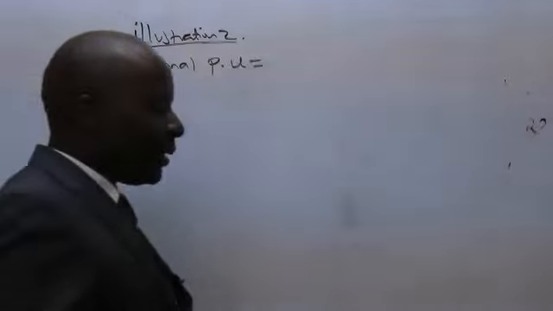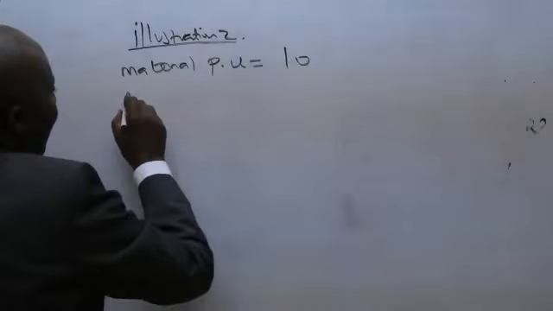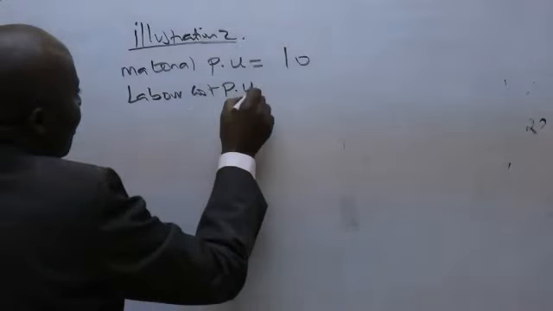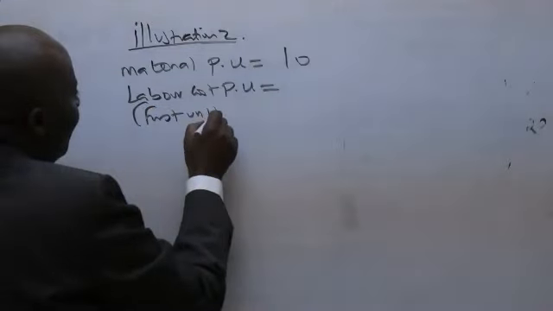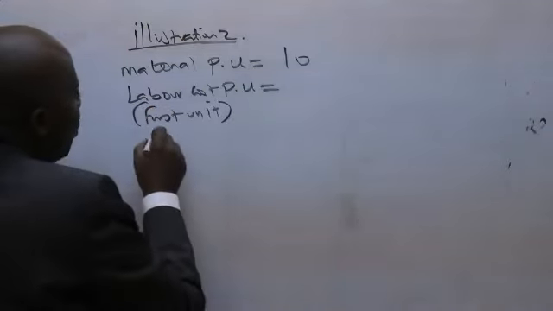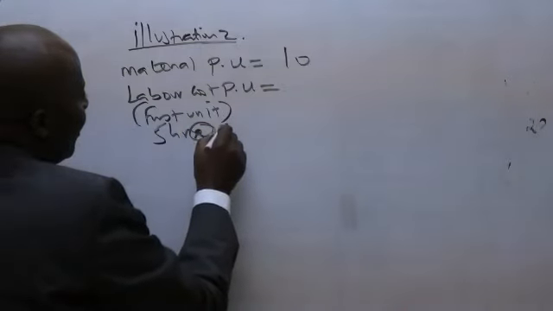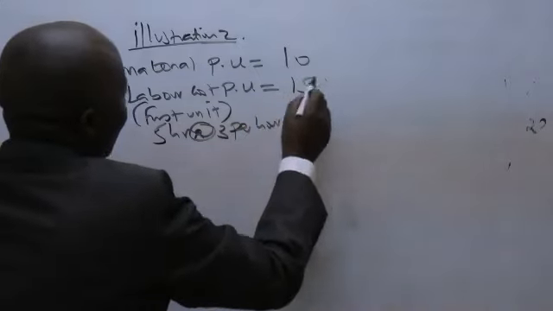Material per unit, give them like 10. Labor costs per unit, talk of first unit: 5 hours at 3 per hour, give them 15 there.